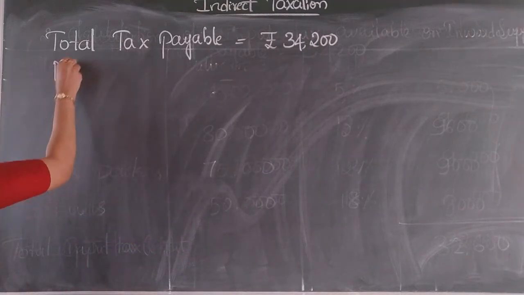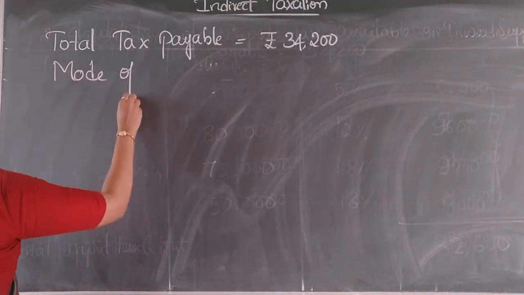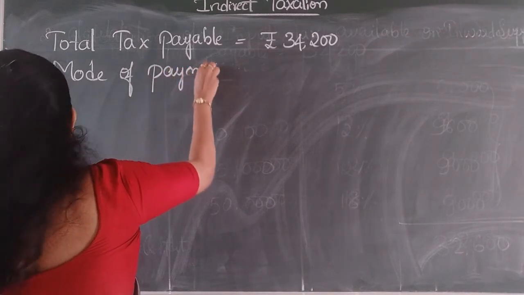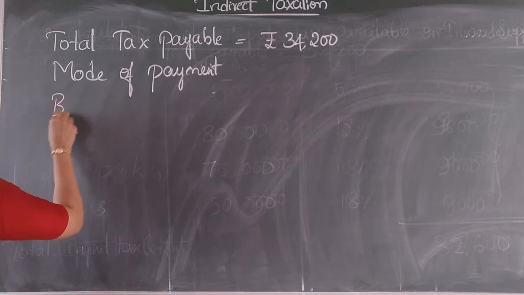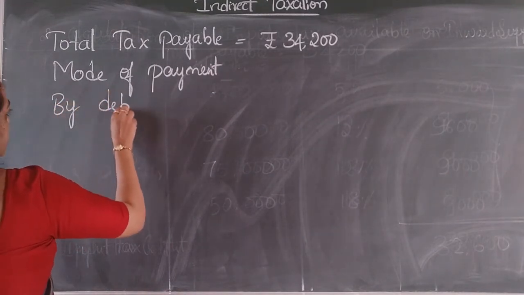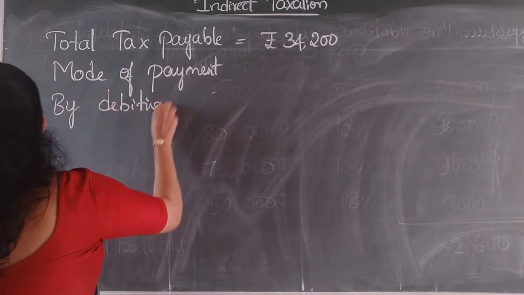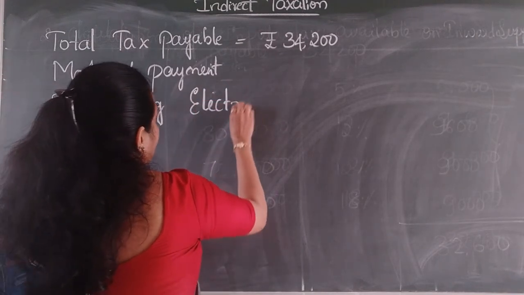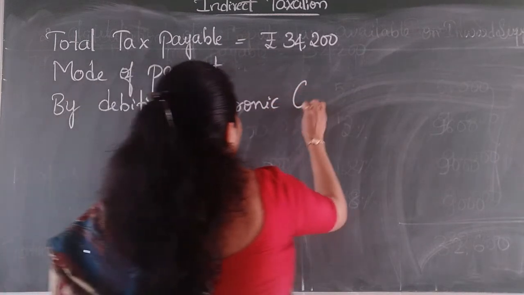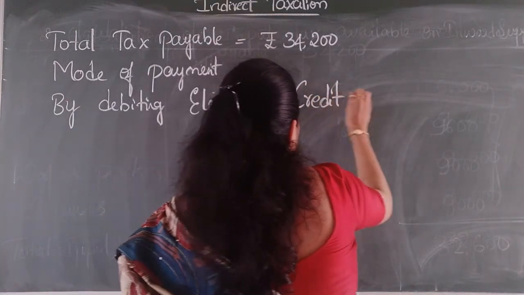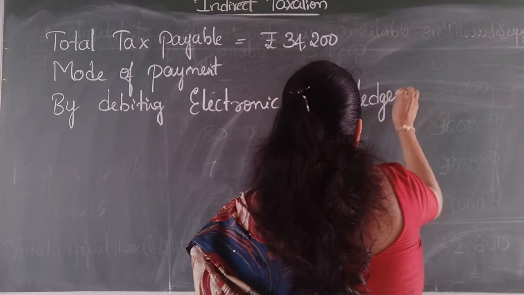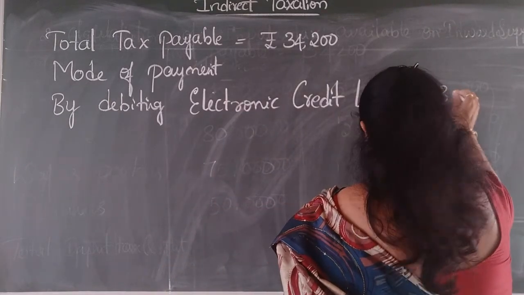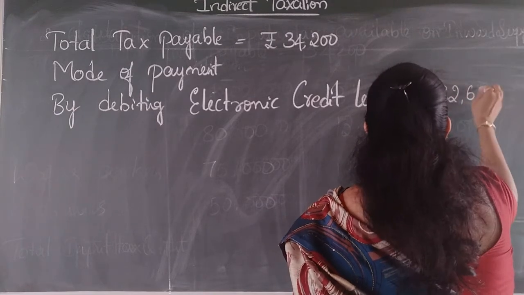Then the mode of payment they have made is by debiting the electronic credit ledger, rupees 32,600.